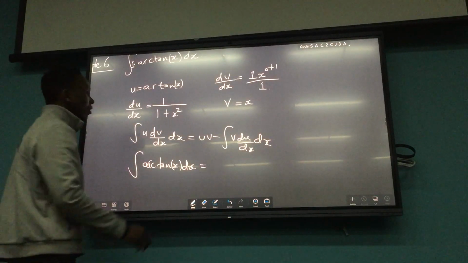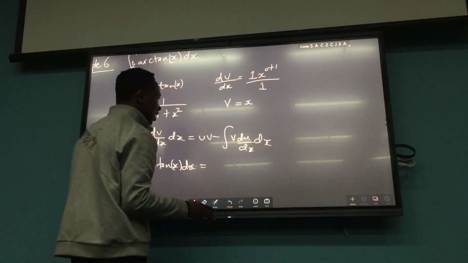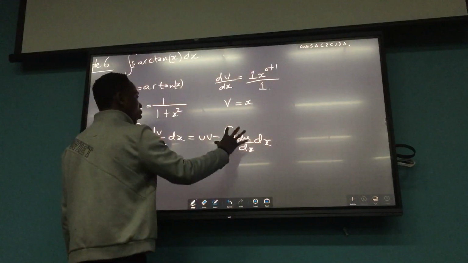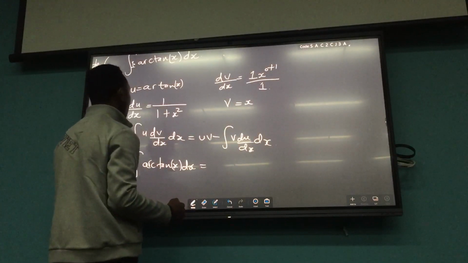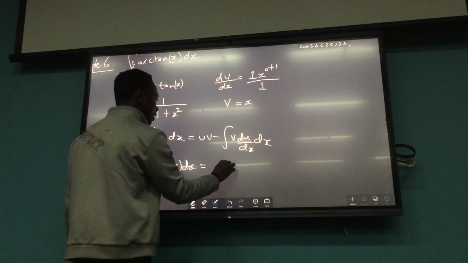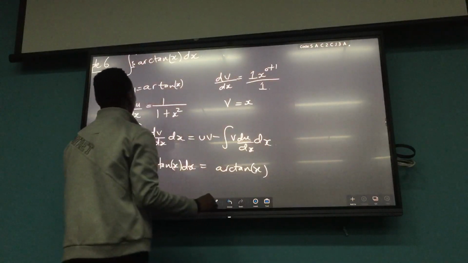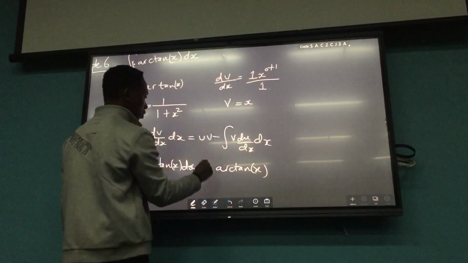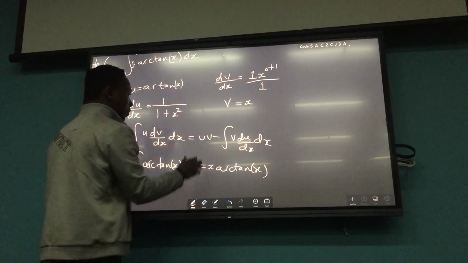Now we are going to put the terms on the right hand side, the solution side. And remember, this integral we'll also have to solve, because we don't want any integrals in our solution. So that's going to give us arctan of x multiplied by v, which is x. So uv, that's my term.